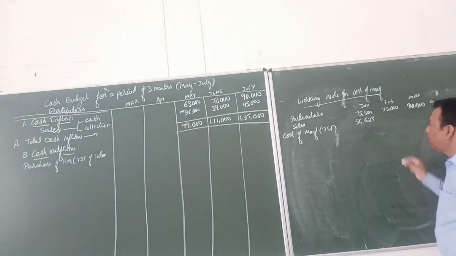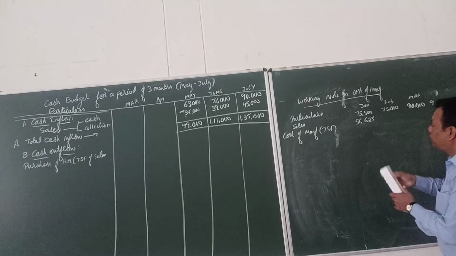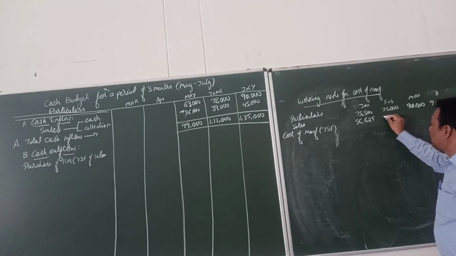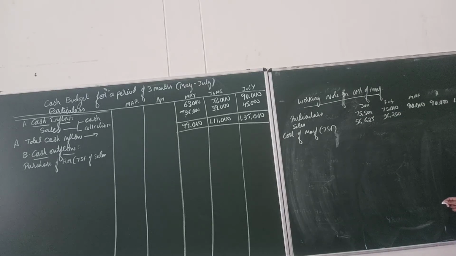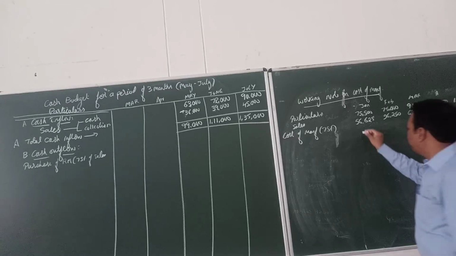February, 56,000. 75% of 90,000. Okay. On 1 lakh 5,000, 70. Okay. This is the manufacturing expenses what we got.